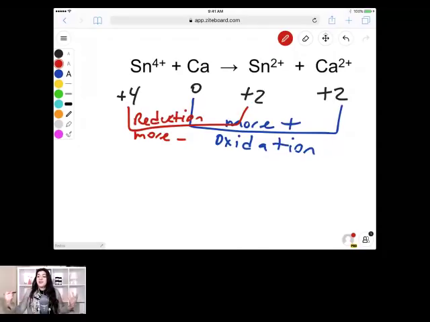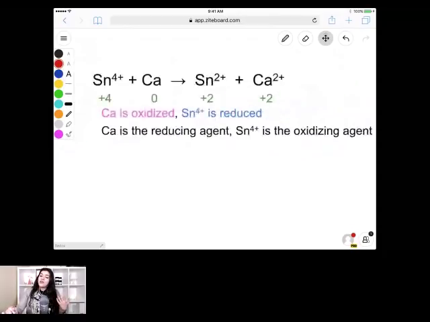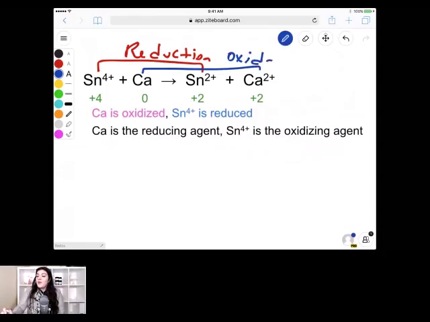So, okay, now let's go back to our concept of which one's being oxidized, which one's being reduced, what our agents are, and so on. As we mentioned, our tin is going to be our reduction, and our calcium is what's being oxidized, because it's becoming more positive. So if calcium is being oxidized, then we know calcium must be the reducing agent, because it's the opposite of what you're thinking.